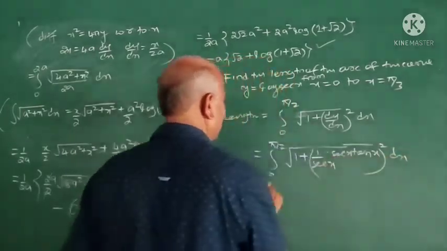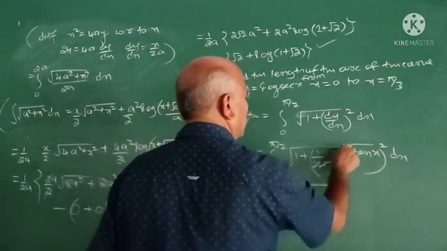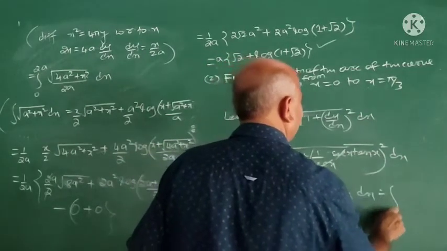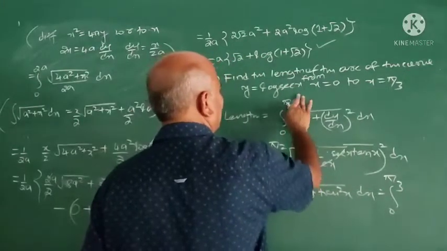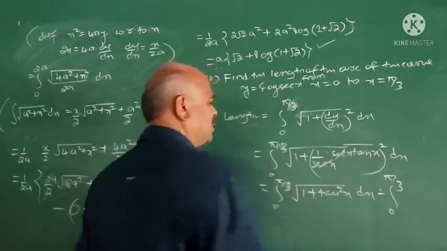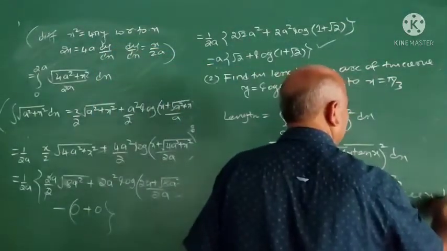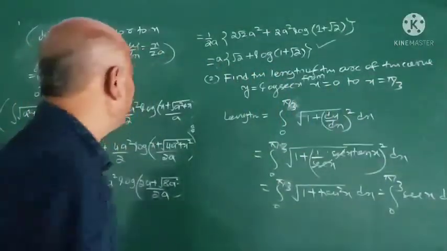Dy by dx is this. 0 to pi by 3 root of 1 plus tan square x with respect to x. What is 1 plus tan square x? Sec square, and the square root is there. Sec x dx. Now evaluate this.